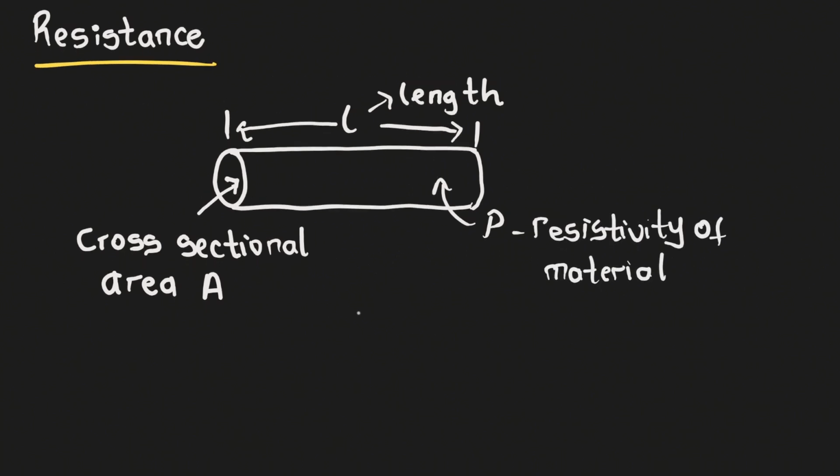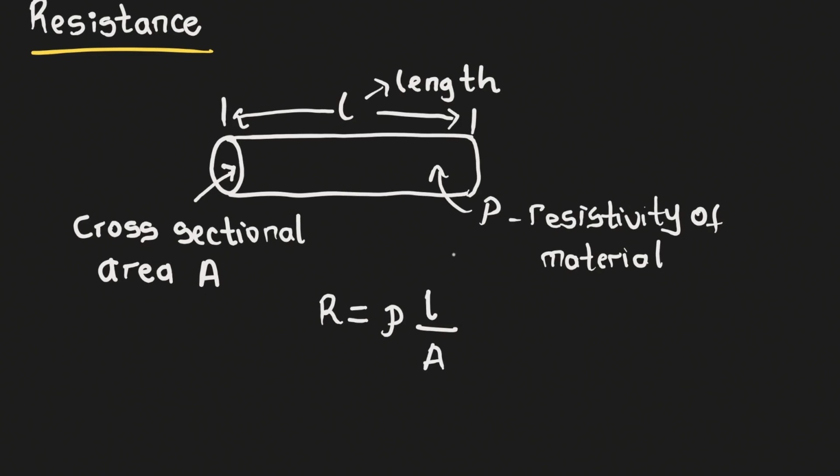From this, we get the formula R equals the resistivity of the material multiplied by the length over the cross-sectional area. We can use this formula to judge, based on the physical property of the conductor, if the resistance of the wire will be greater or lesser.